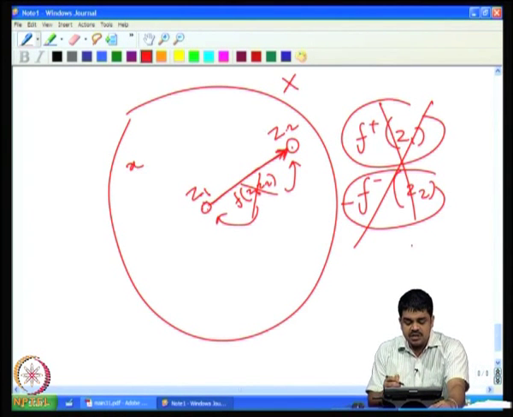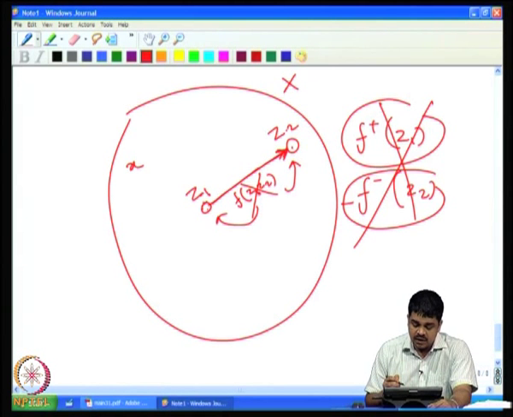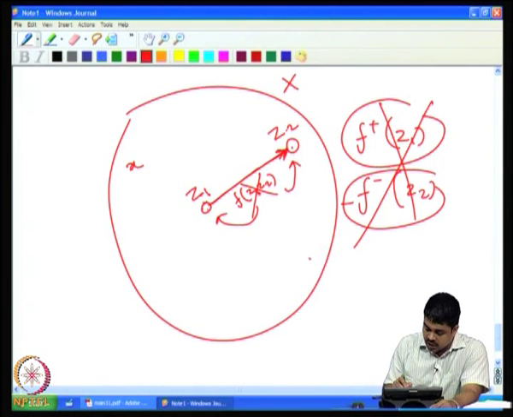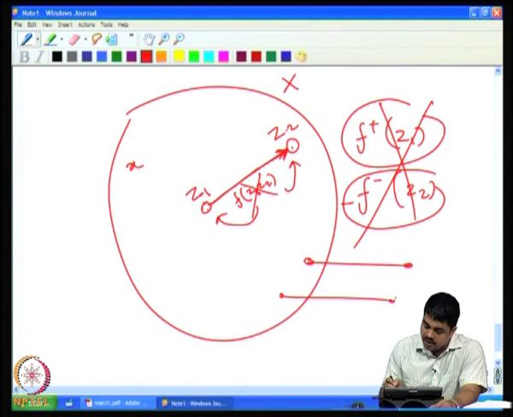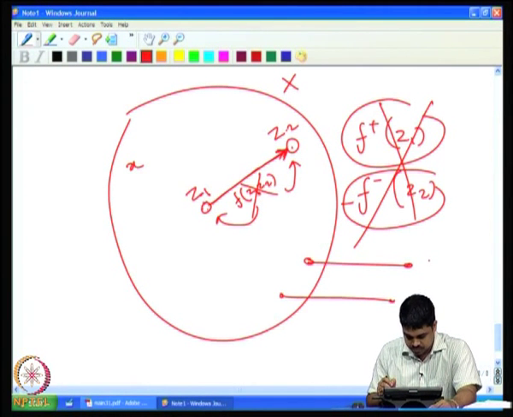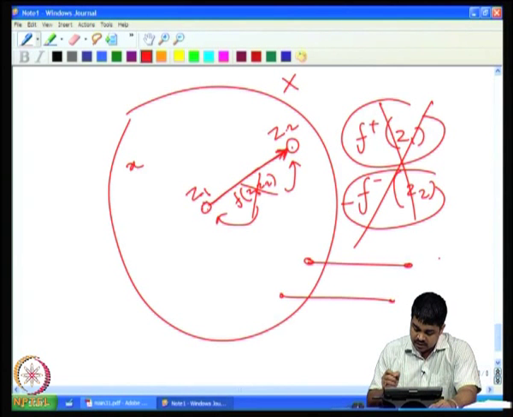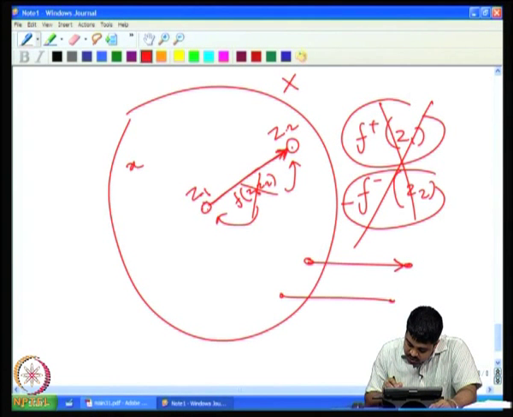So, a positive term from this and a negative term from this will get cancelled. What kind of edges will not get cancelled? The edges which have one endpoint inside and the other endpoint outside will not get cancelled. There are two types of such edges.